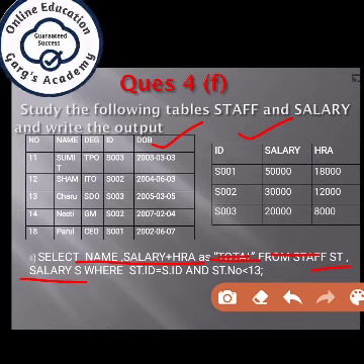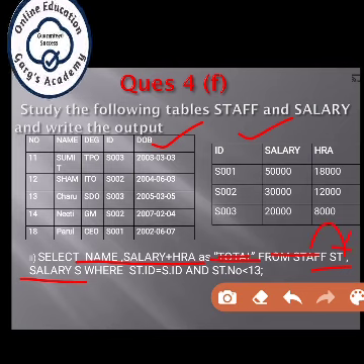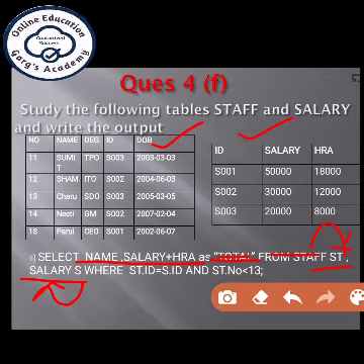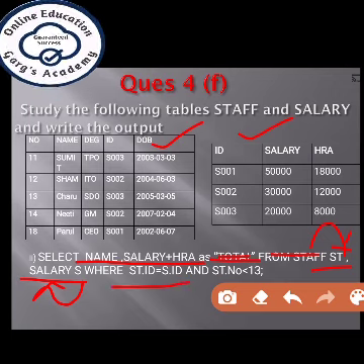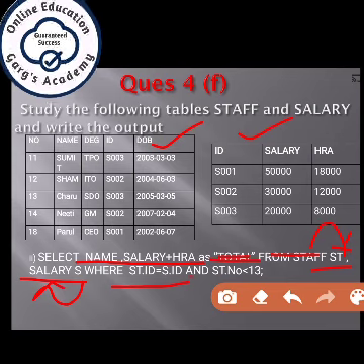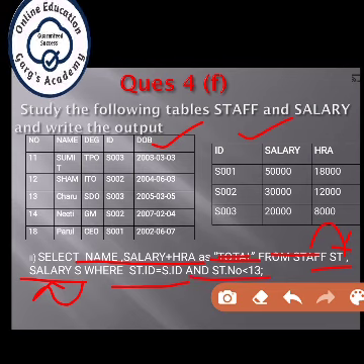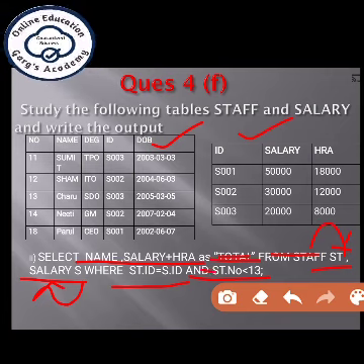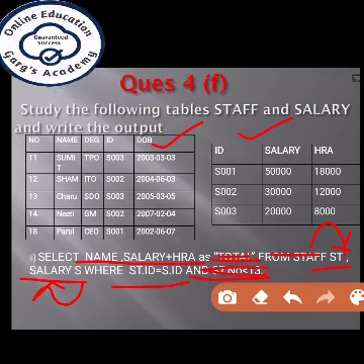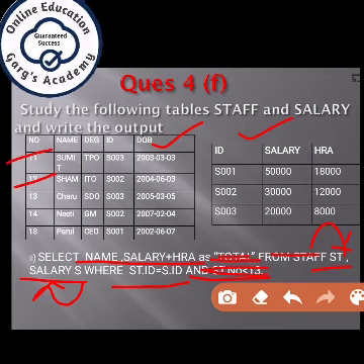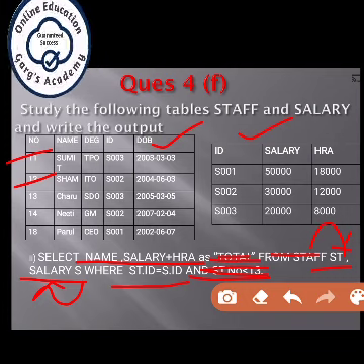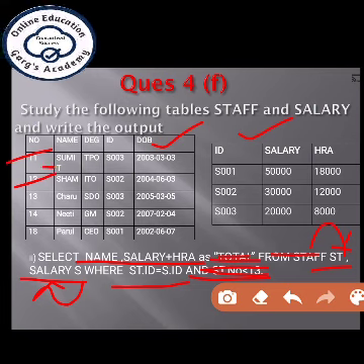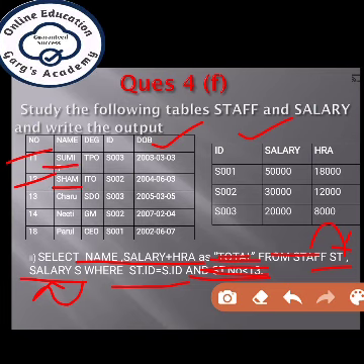Staff ST is the alias name of the staff table, and S is the alias name of the salary table, where st.id equals s.id and st.number less than 13. So students, first check this condition. st.number less than 13 means for the 11th and 12th, 2 records only you have to write. And what you have to write? Name is Sumit and Shyam.